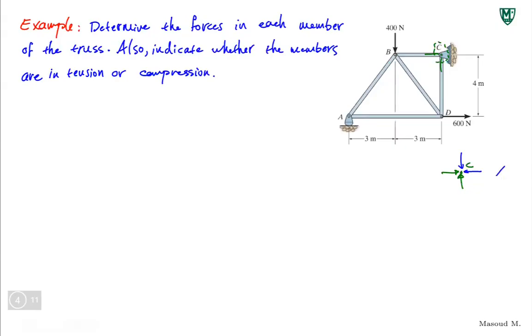Well, that's not going to work either. I don't know the support reactions, and I don't know the internal forces. Keep in mind, the support reactions for us in this case would be external forces. When we're talking about the structure, we said we can have either external forces or internal forces. Internal forces are the forces between members. External forces are the forces that are applied to the structure, or the support forces, support reactions. All right, so that's not going to work either.